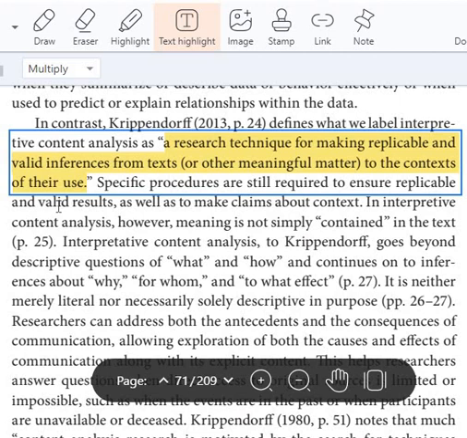So this is the importance of interpretive content analysis. It is used in intelligence, and it is used widely to learn the exact meaning behind the context. That's why this drives the importance of context here. Context is very important in this method.